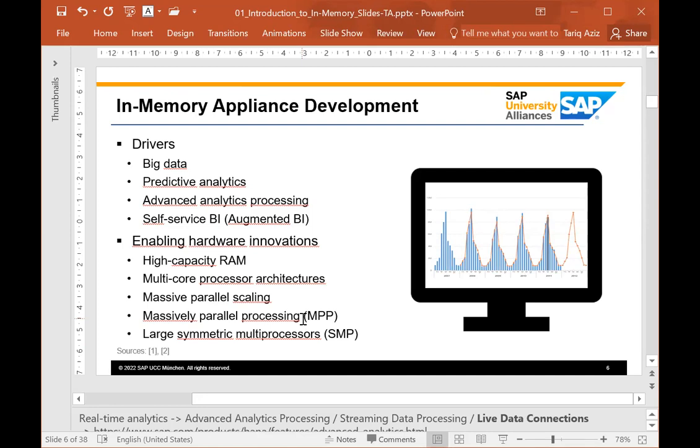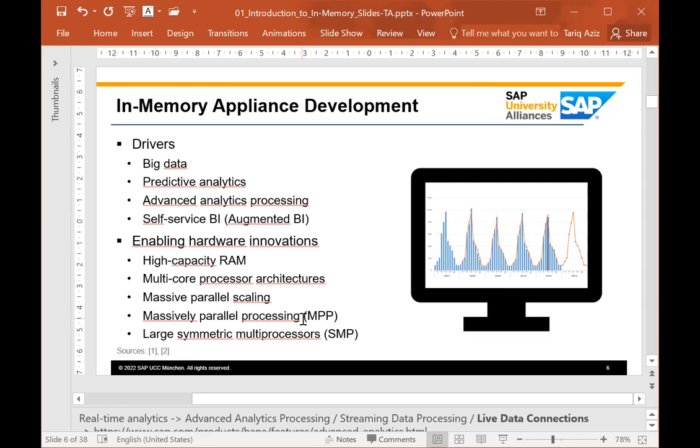So one of the drivers was big data, predictive analytics, advanced analytical processing, business intelligence.